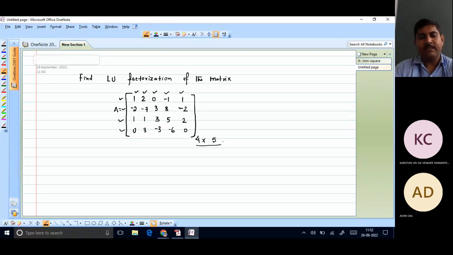So now let us see how we will work this out and find its LU decomposition.